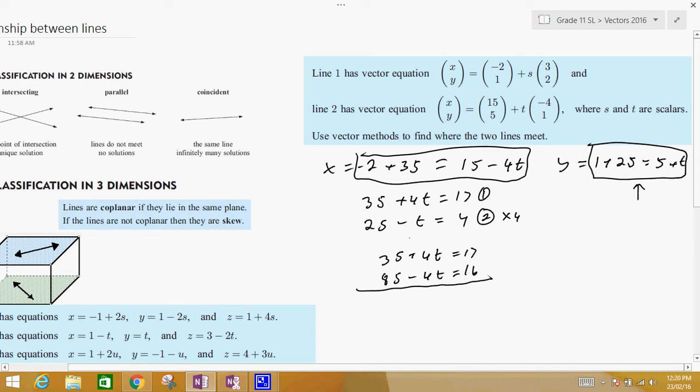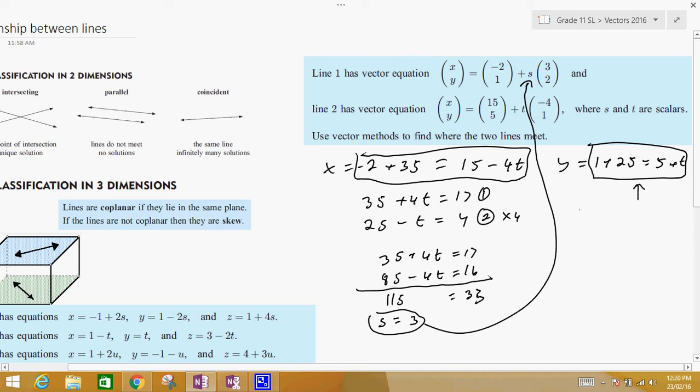And then because these are opposite signs, we're going to just add them together. That eliminates the t, so we get 11s is equal to 33, and therefore s is equal to 3. And I can plug this s into this equation to figure out the point where the two lines intersect.